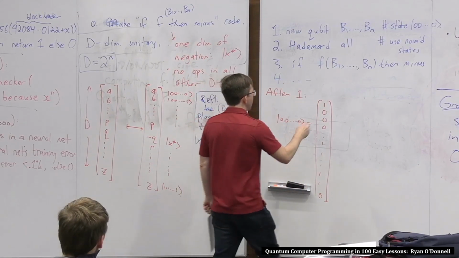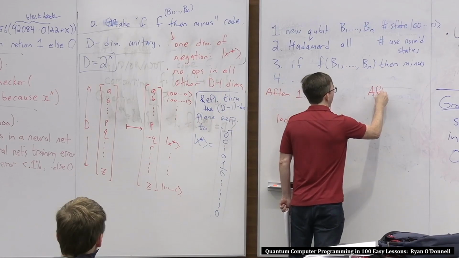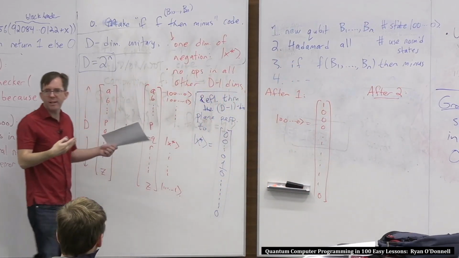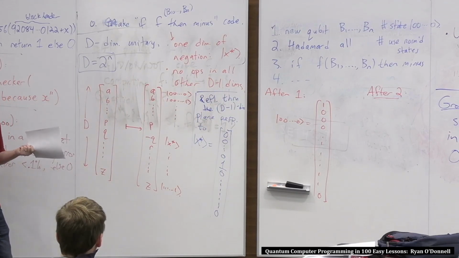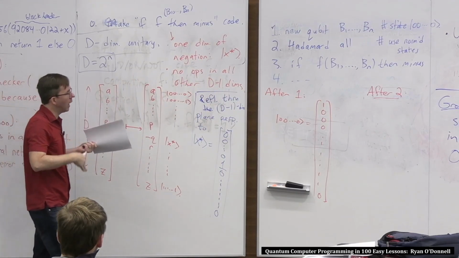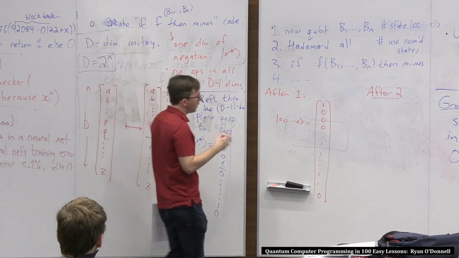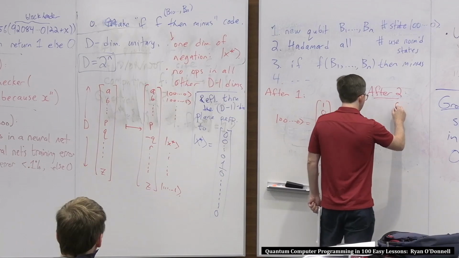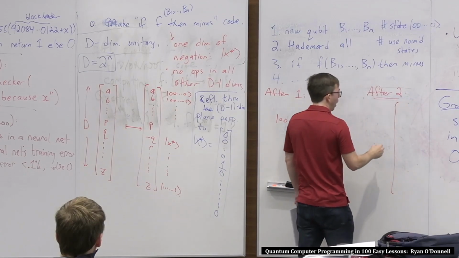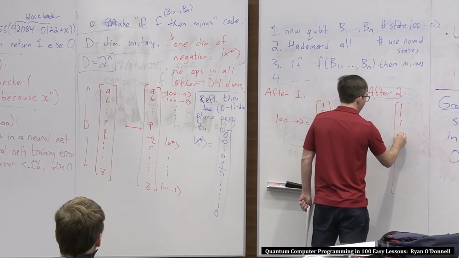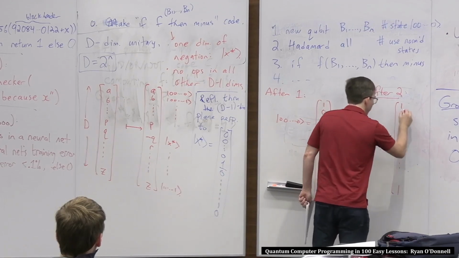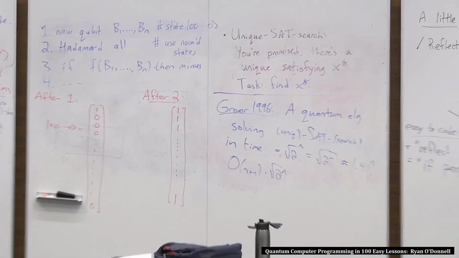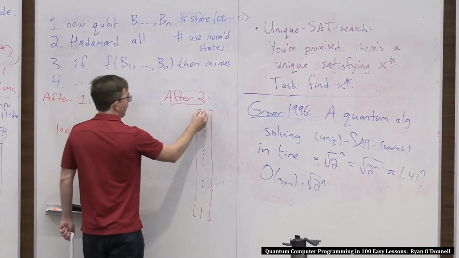What about after line 2? The purpose of doing the Hadamard all, or the add and diff all, is to make the uniform superposition, the one that has equal amplitude on all 2 to the n, or all D entries. If we were still using unnormalized states, that would have amplitude 1 on everything. But it's going to be nice for us geometrically to work with normalized states.